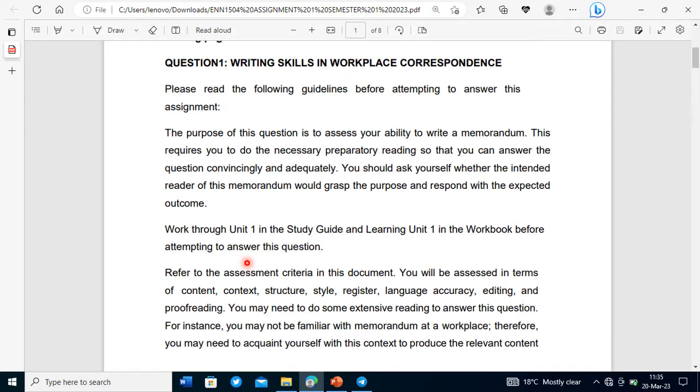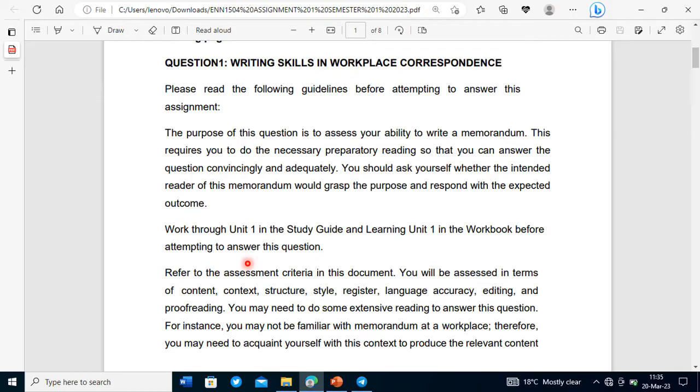The importance of you going to that study guide and workbook is that they want you to understand what a memorandum is. Why do we write a memorandum? Once you understand what a memorandum is and why we write one, you'll be able to understand its importance, how it fits in the working industry, and what its purpose is.